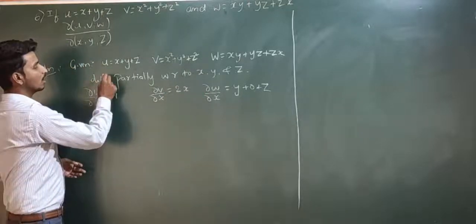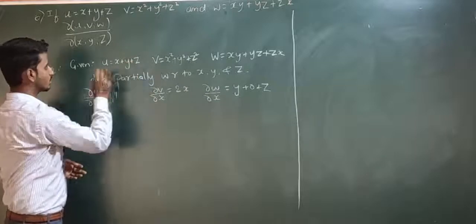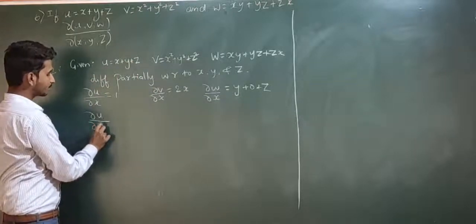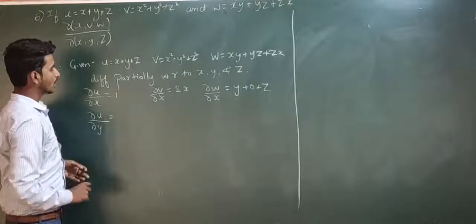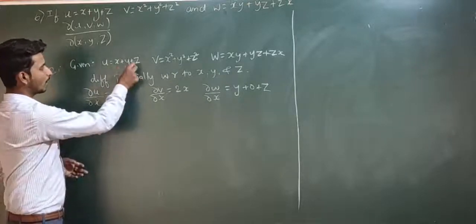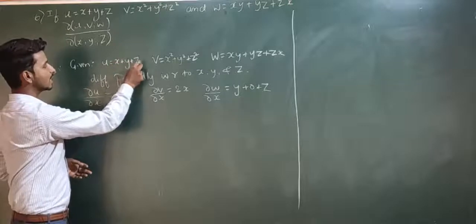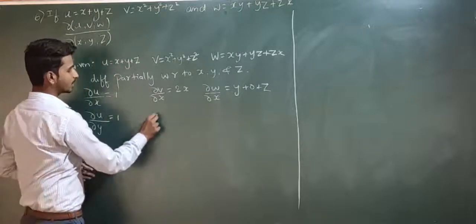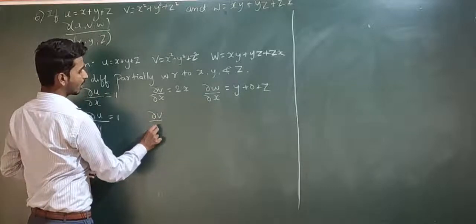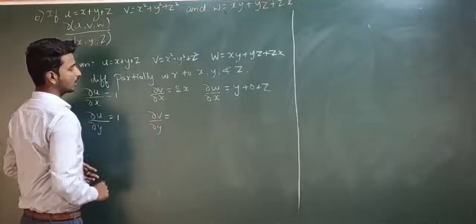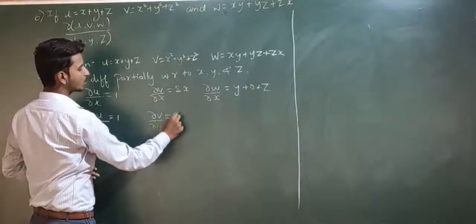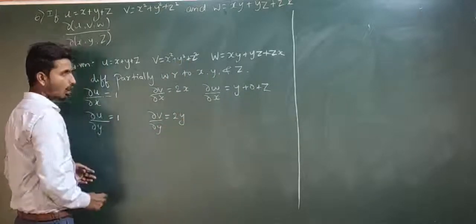Next, we differentiate partially with respect to y, that is dou u by dou y. With respect to y, x and z will be constant, so this will be 1. Next, dou v by dou y, here x and z are constant, so it will be 2y.